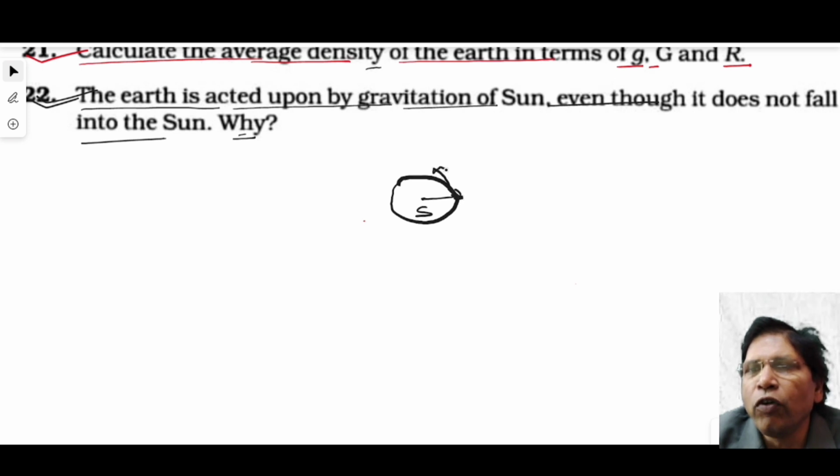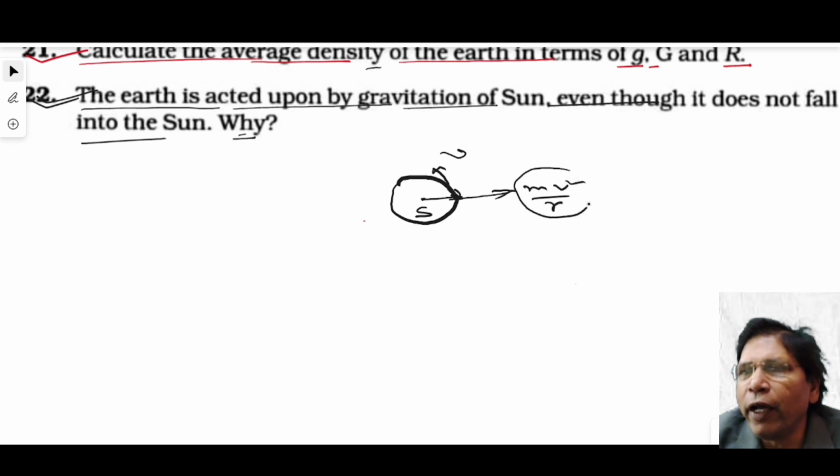Due to this velocity, the earth experiences an outward centrifugal force, mv square by r. This mv square by r is balanced by the attractive gravitational force on the earth due to the sun. Since these two forces balance each other, the earth does not fall into the sun.